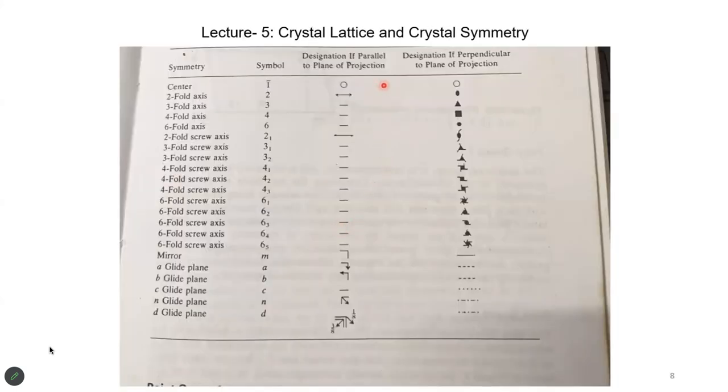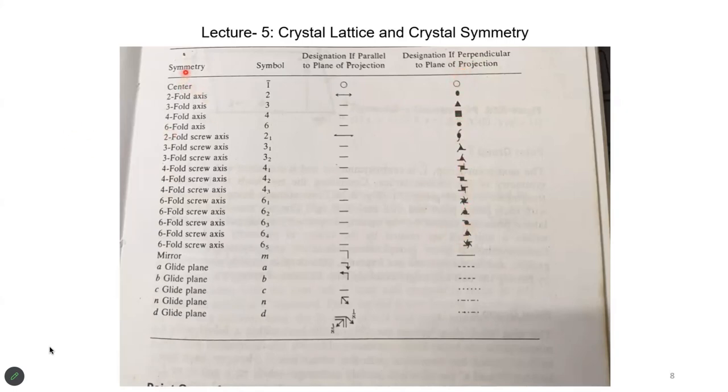It is nothing but a better representation of the last slide. You see that when we project on a plane of paper, we can project it parallel to the plane of projection, and the symbol will be like this when it is parallel to the plane of projection. When it is perpendicular to the plane of projection, we symbolize it like this.